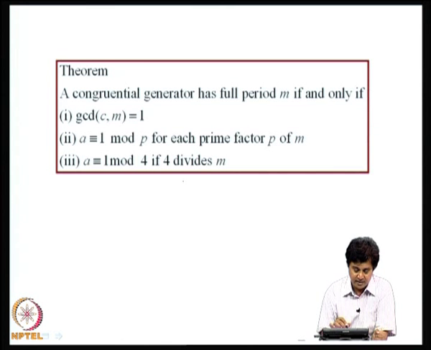So, if these conditions are satisfied, the period will be m. We need not worry about the theoretical background behind this, because it is a specialist area which belongs to the domain of computer science and number theory. So, we will use these tools as a starting point in our discussion.